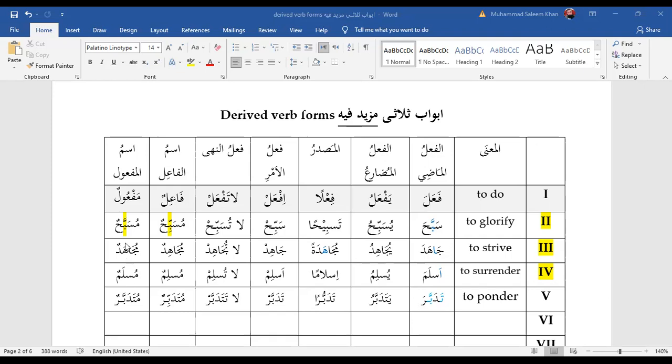Okay, so the first one is the basic one, which is fa'ala. And any verb that comes on that pattern, for example, nasara, daraba, fataha, sami'a, ghasala, we have learned a lot of them now, mashallah.